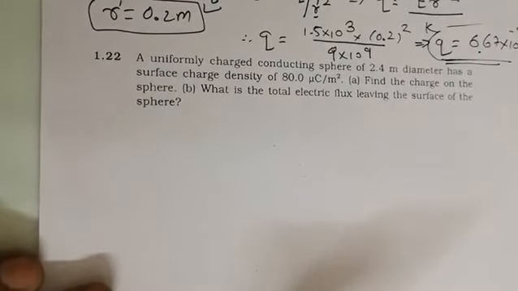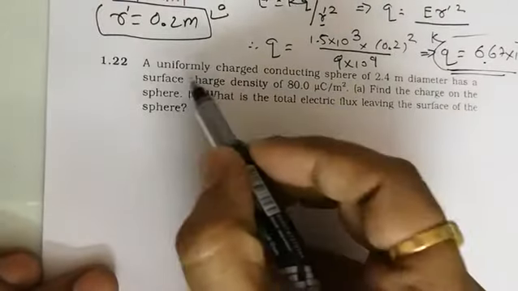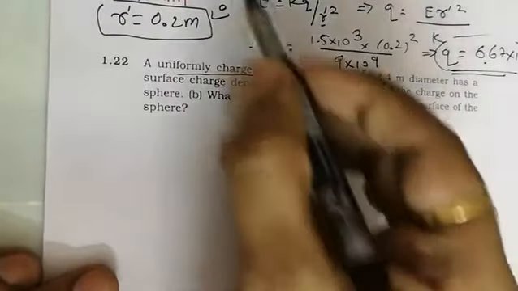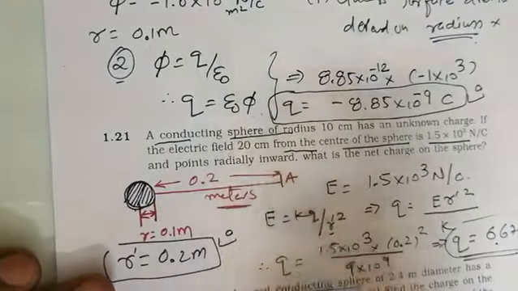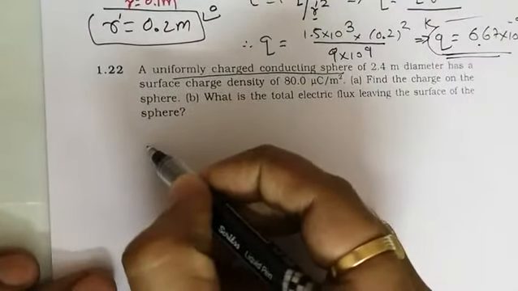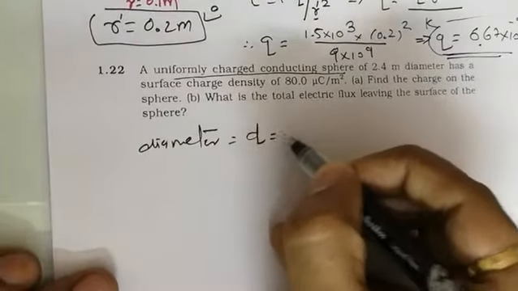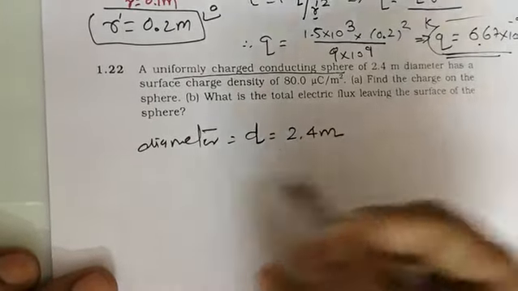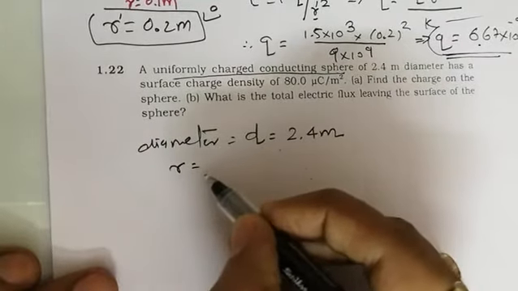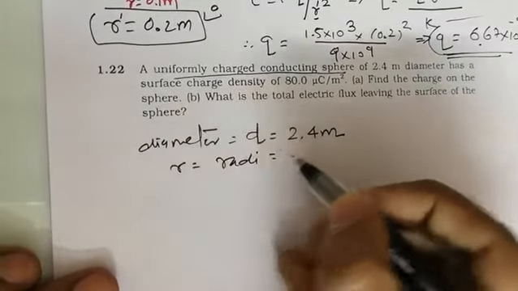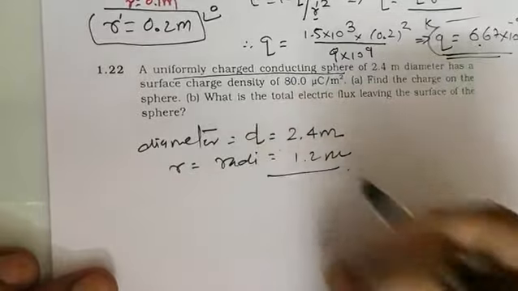Example number 22. You have been given a uniformly charged conducting sphere, as in the previous one. Its radius would be 10 centimeters, but here we have a diameter d of 2.4 meters, so the required radius is 1.2 meters.